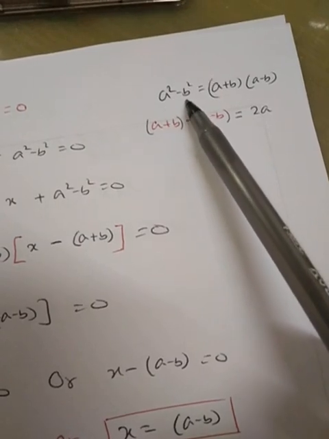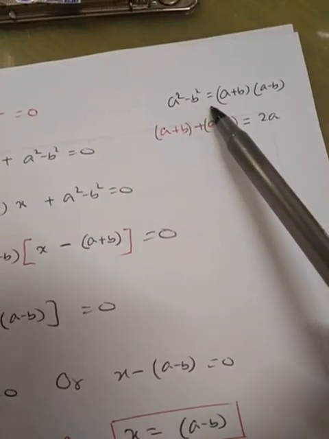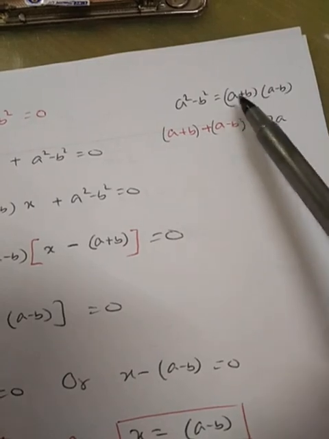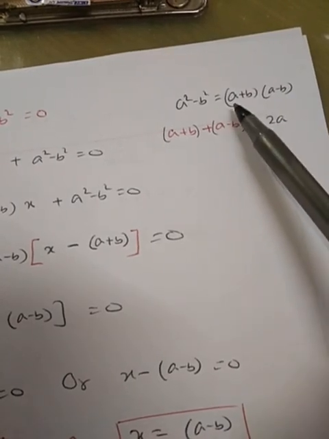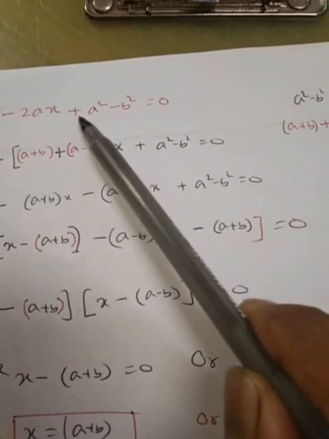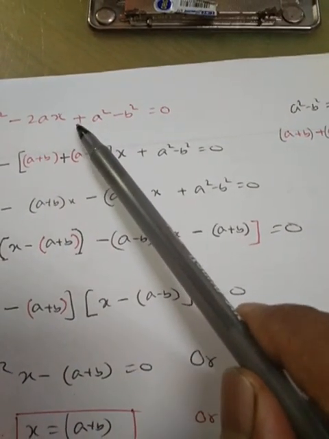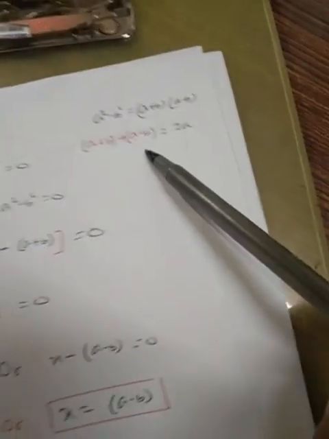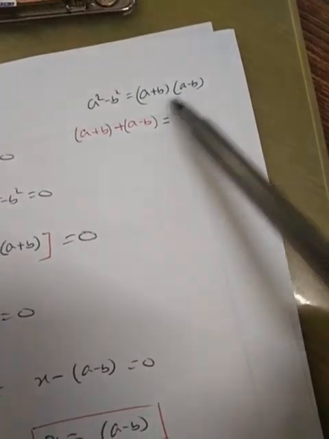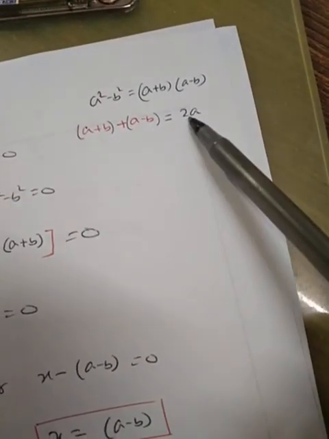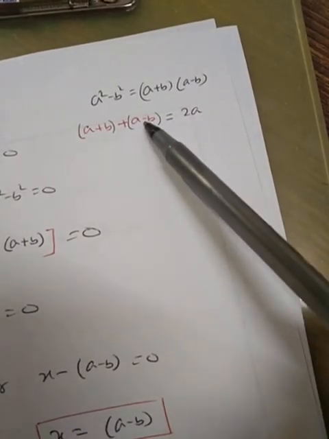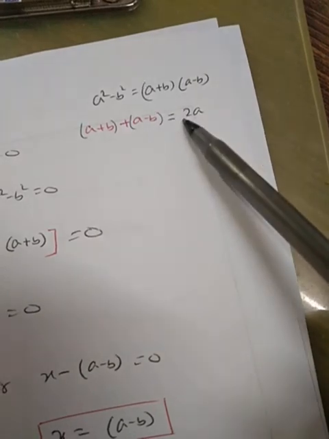Now this a square minus b square will factorize into two parts, that will be a plus b into a minus b. And now if we see, this is plus, so we have to add the factors, and after adding we should get 2a. Here if we add these two factors we get 2a only, because a plus b plus a minus b, b will cancel out, a plus a, 2a left.